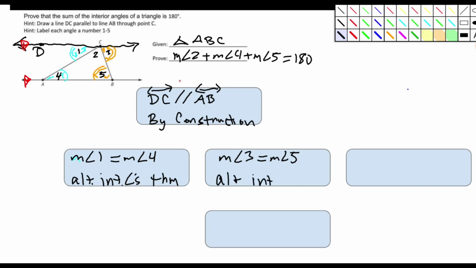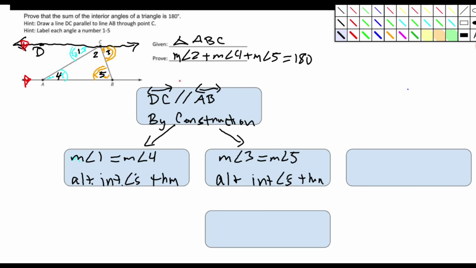Same exact reason. So these are exactly the same. Now remember what we learned about parallel lines. When you have parallel lines, the corresponding angles are equal, the alternate interior angles are equal, and the alternate exterior angles are equal. Again, this is a review from last chapter.